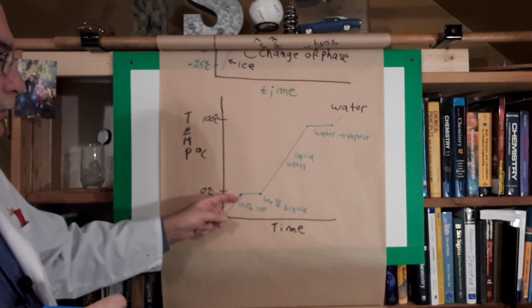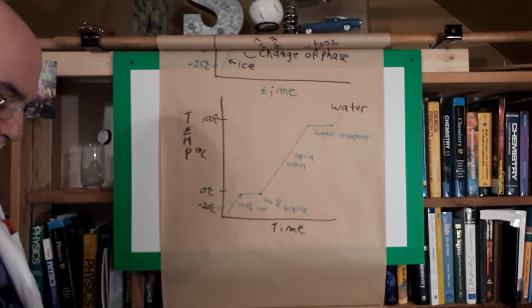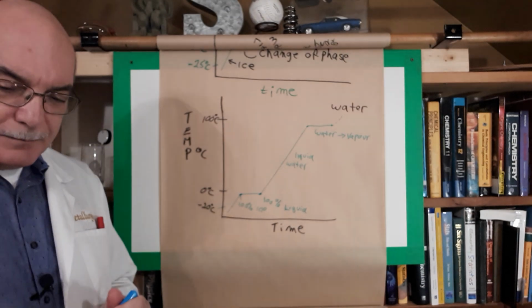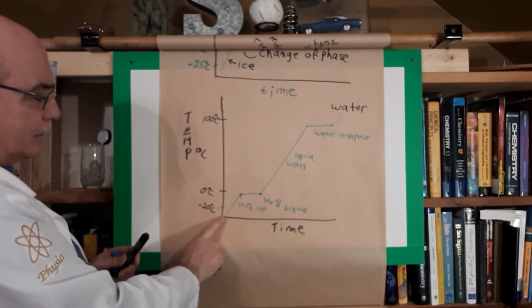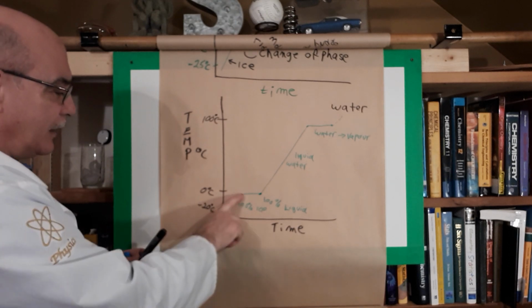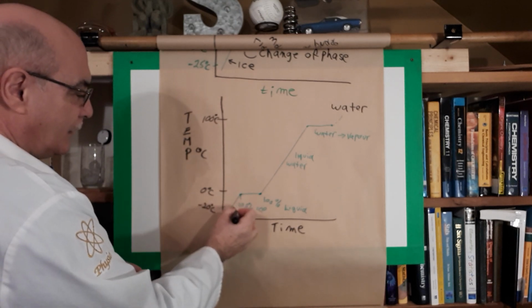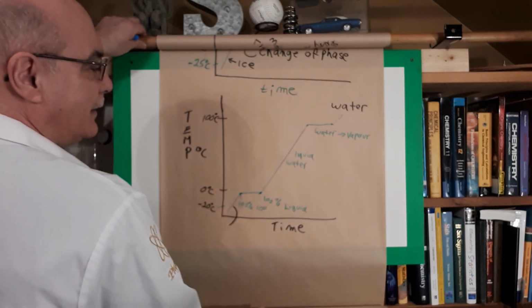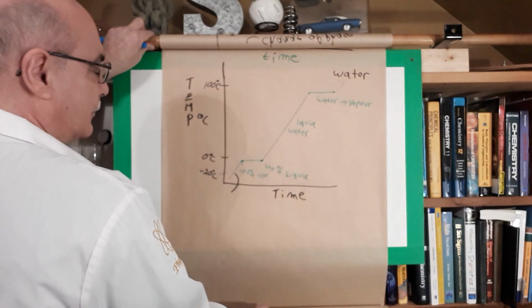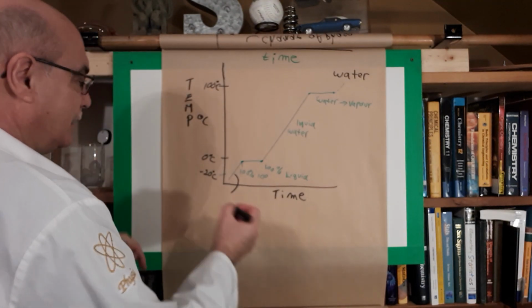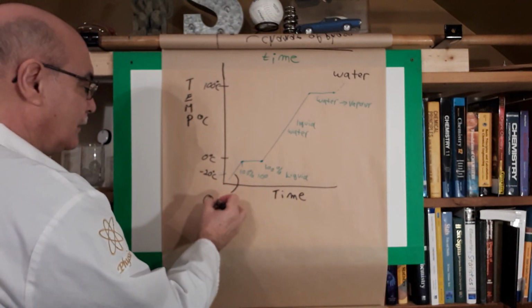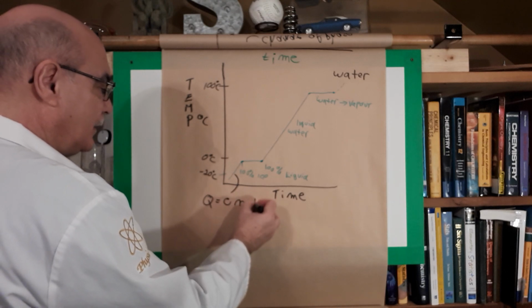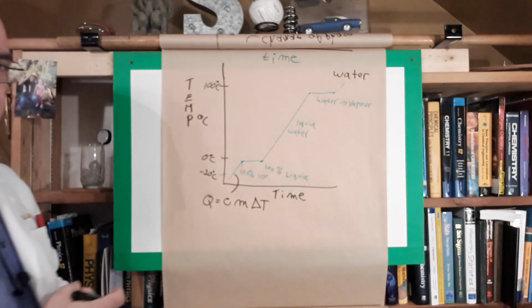Now the equations that apply to this curve, there are several of them. In this plateau, in this slope right here, the equation for that slope, for heat being absorbed or released, Q represents heat, is equal to C M change in temperature.